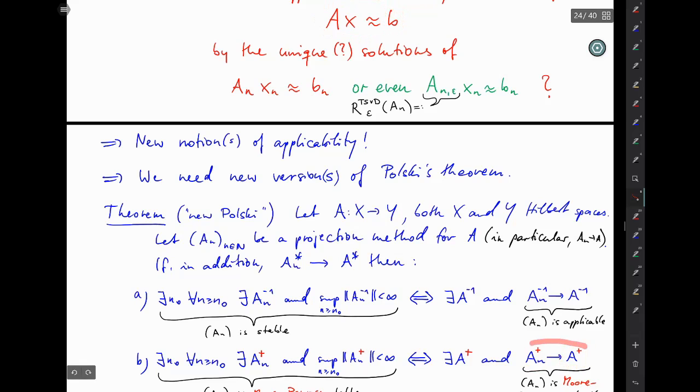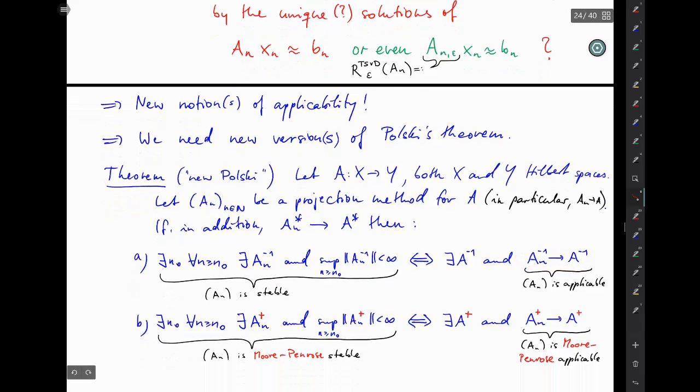Because the pseudo-inverses converge to the pseudo-inverse and the right-hand sides converge to that right-hand side, you will get that these x_n's converge to that x. Very good. Well, similarly to what you did here with proper equations and solutions.